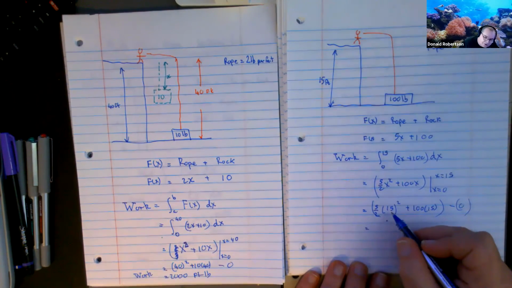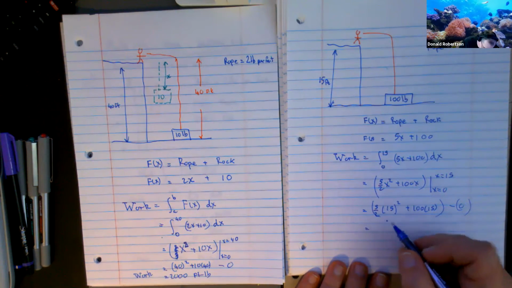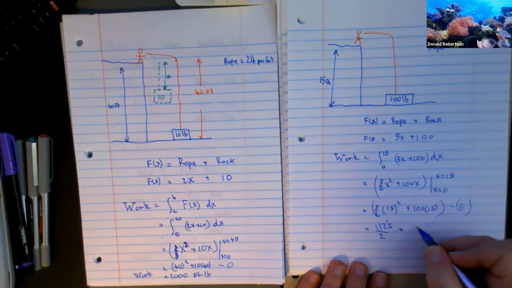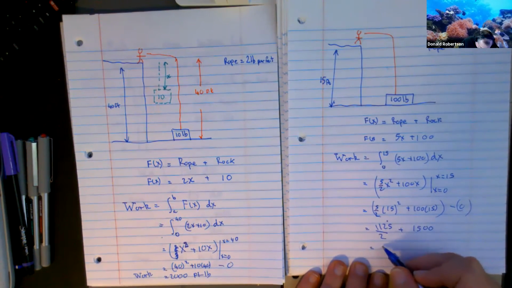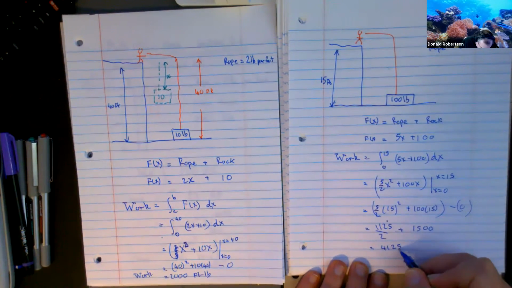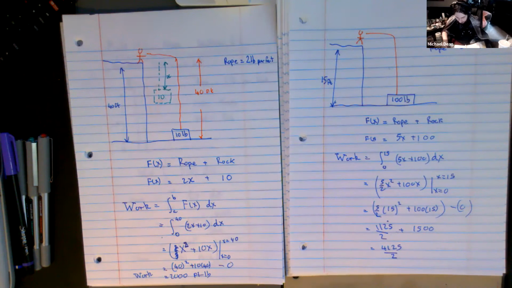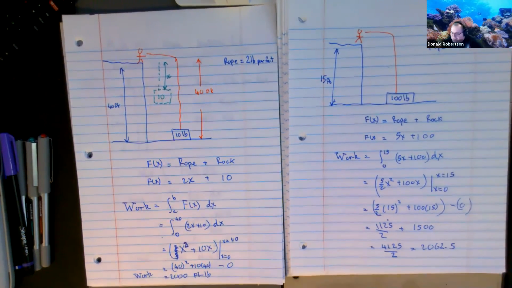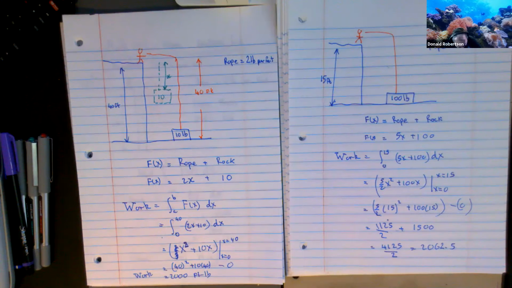That's 225, 1125 over 2 plus 1,500. I make that 4,125 over 2, but I'm doing that in my head. Yeah, I got 2062.5, which is the same thing. So we're both correct. Divide that by 2 and you should get that.